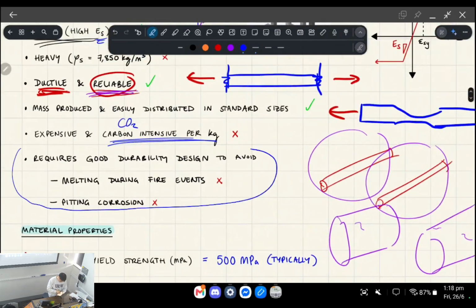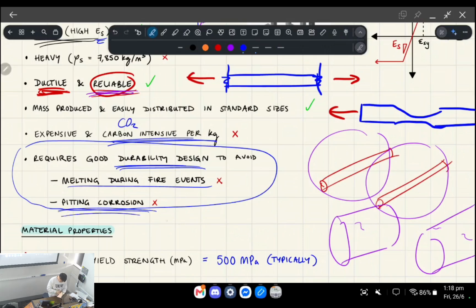Okay. Now the problem with steel is that you also need a good sense of durability design in order to avoid primarily two durability issues. The first one is the fact that steel can melt and is sensitive to high temperatures during fire events, right? So if a building's burning down, you have to protect the steel from melting and losing a lot of its structural capacity.